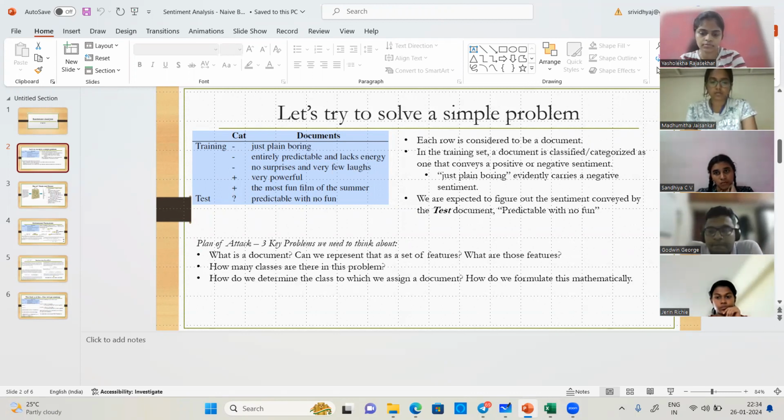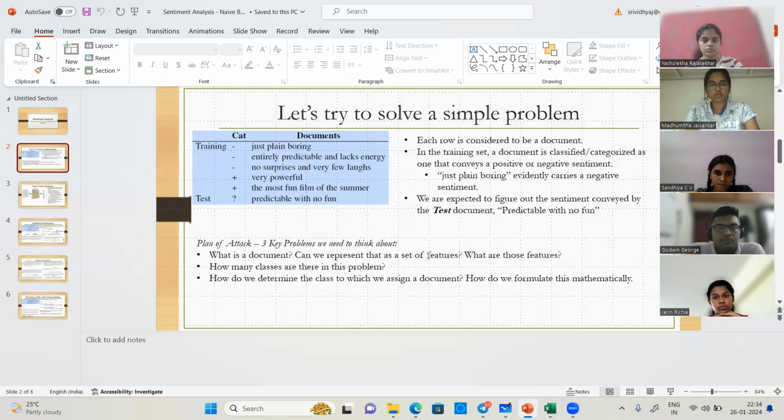All right. So what would be our plan of attack? We have to think about three key problems here. What is a document? That's number one. Can we represent a document as a set of features? And the question is, what are those features? Problem number two, how many classes are there in this problem?